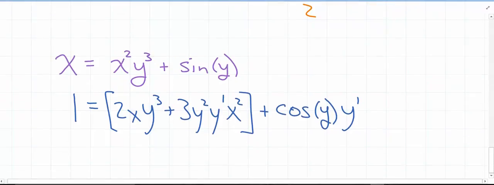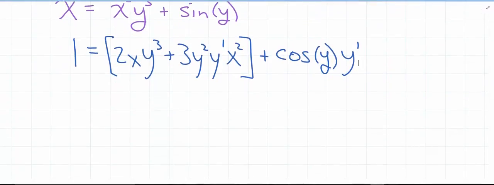Now you might say, well, congratulations, you have a nice mess. Well, here's the thing. Every time we do this, we're going to have a linear power of y prime. So that means we can solve it fairly easily because we can solve linear equations. So here's what I'm going to do. I'm going to take everything that's not a y prime and move it over.